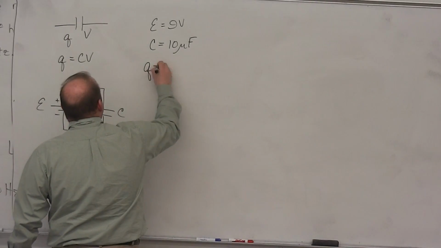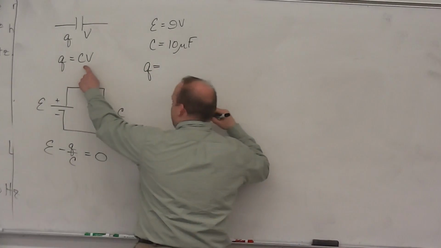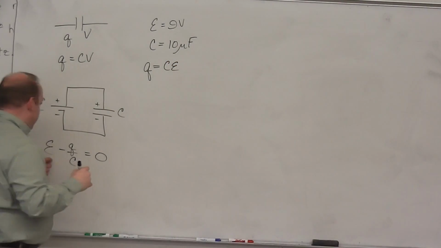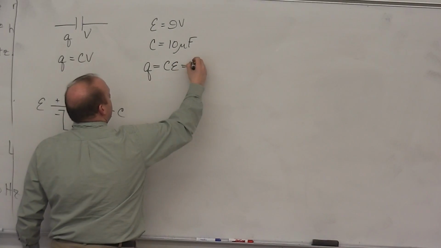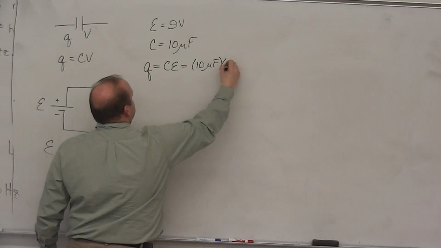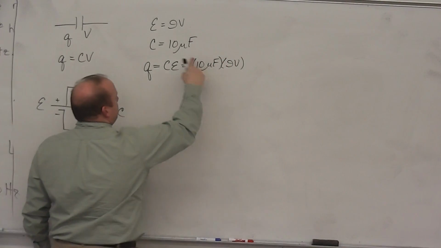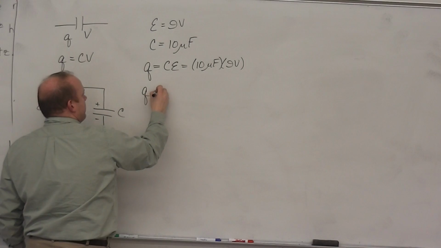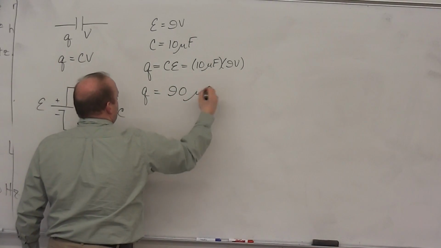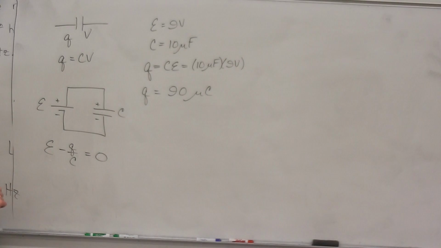So Q is equal to CV, and V is what we're calling E here. So 10 microfarads times 9 volts, giving microcoulombs, so this will be 90 microcoulombs. It's actually a pretty large charge.